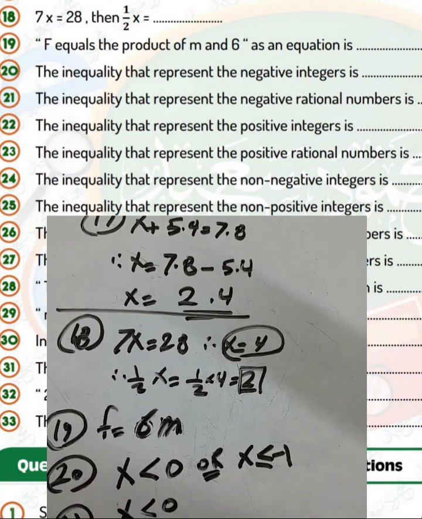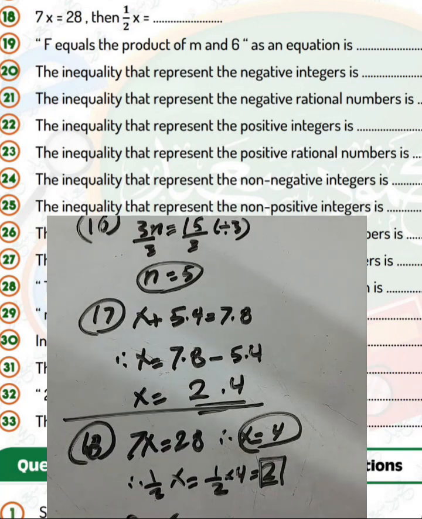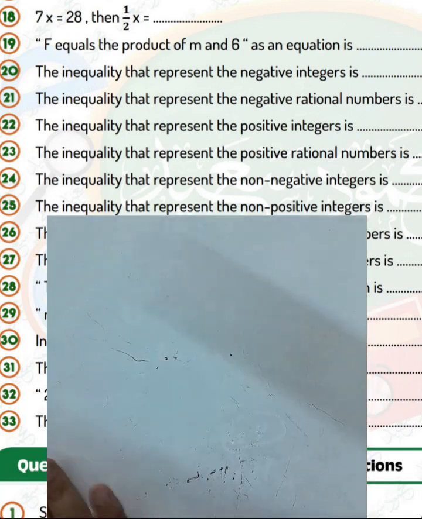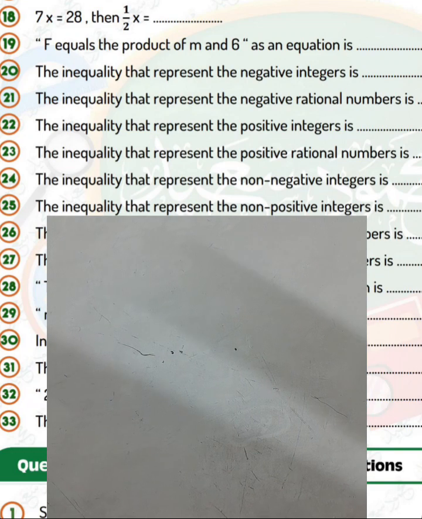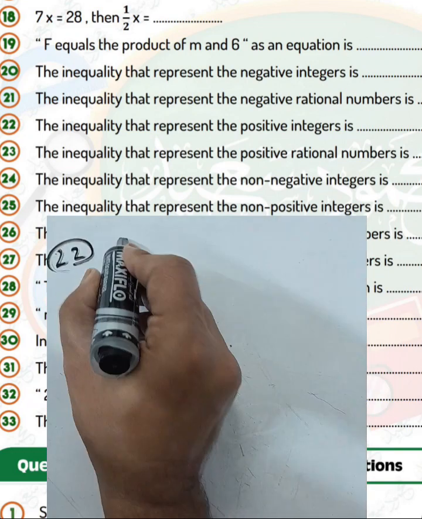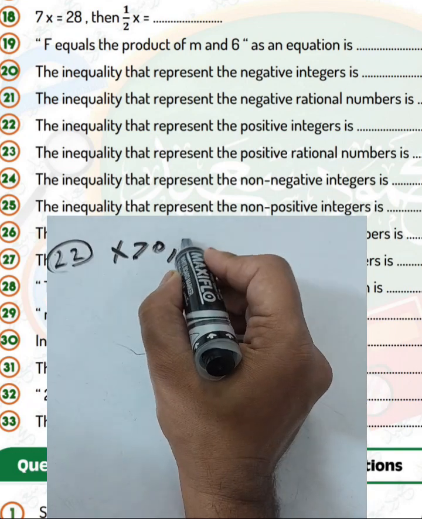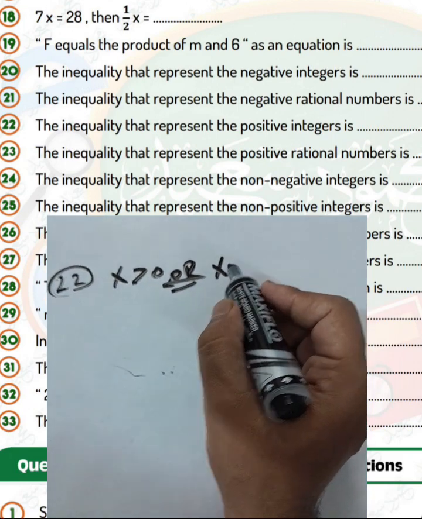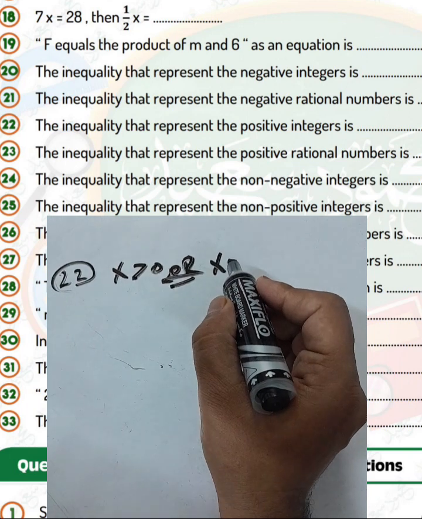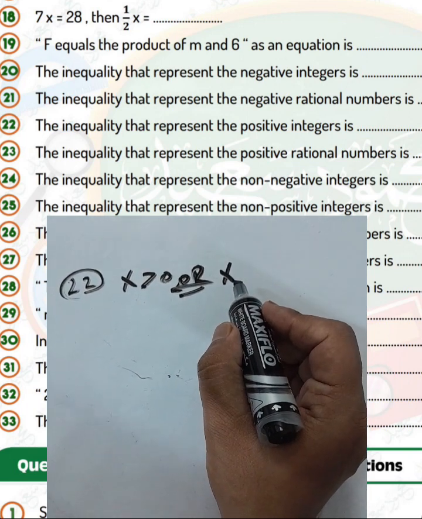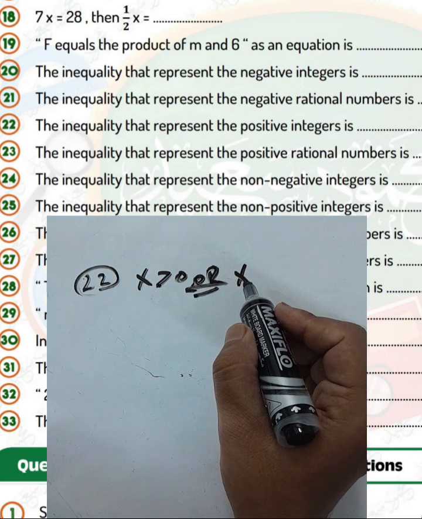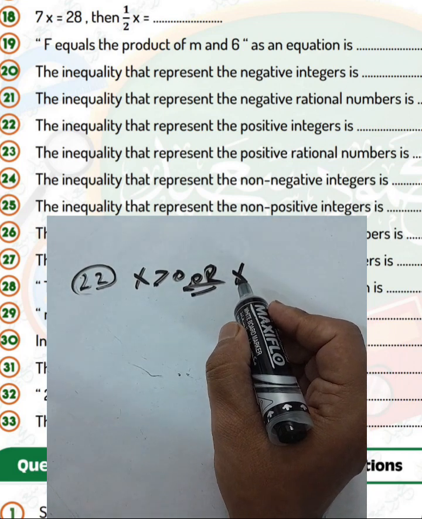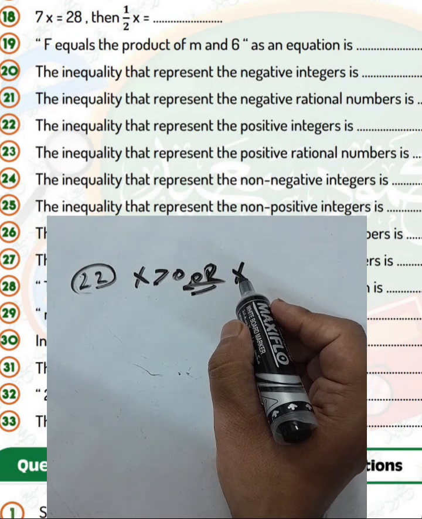Question 22, the inequality that represents positive integer: x greater than 0, or we can write x greater than or equal to what? Here, question 22 gives us the example, negative, positive.